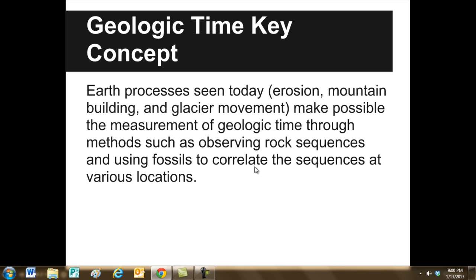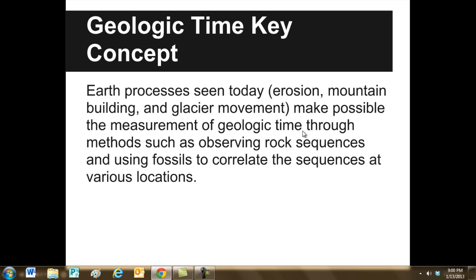So knowing how erosion affects certain things today, we can look and identify that in the rock clues. Same thing with mountain building and glaciers. We see what the results are today, and we apply those same ideas and processes to other rock formations and things that we see on the planet.